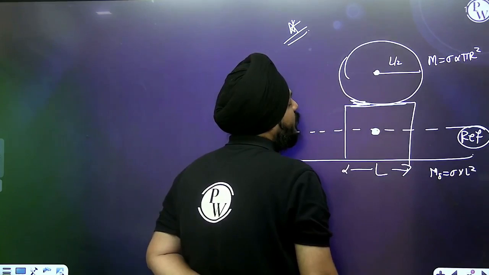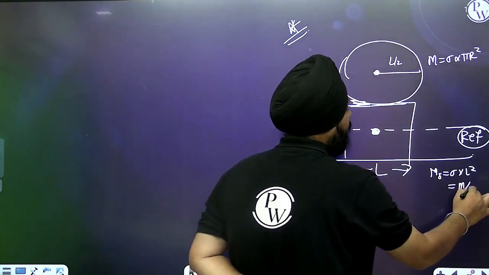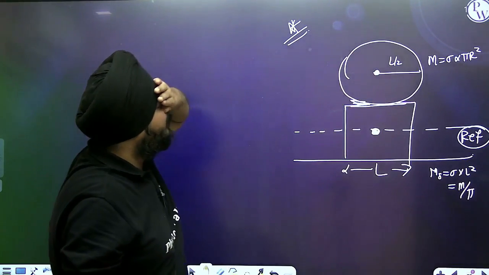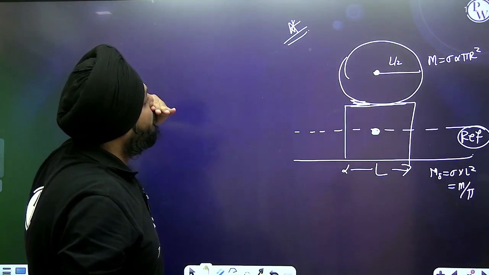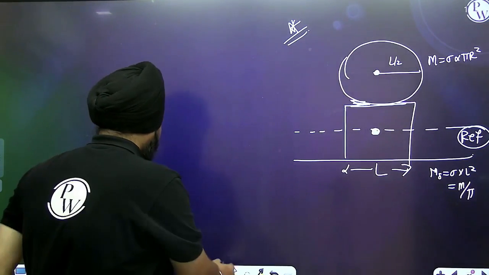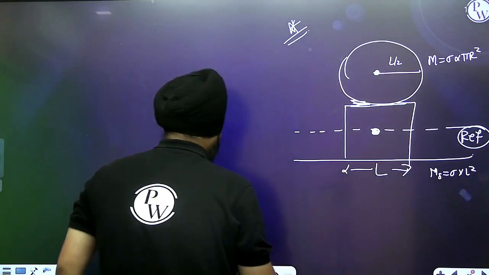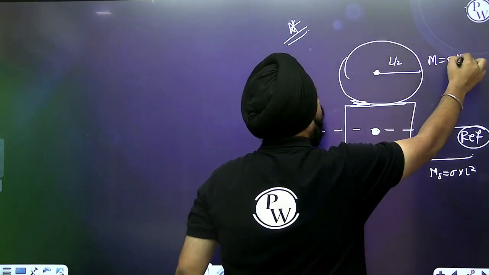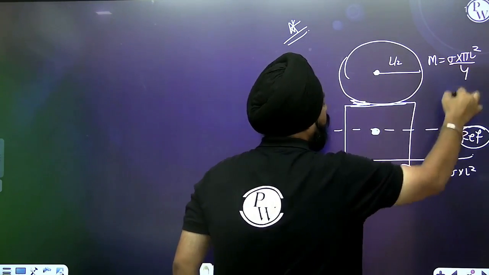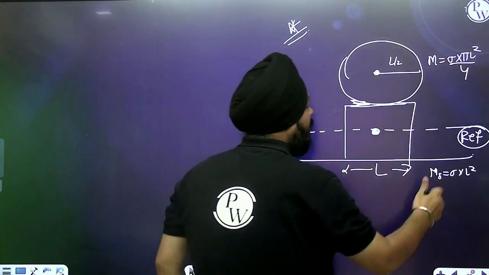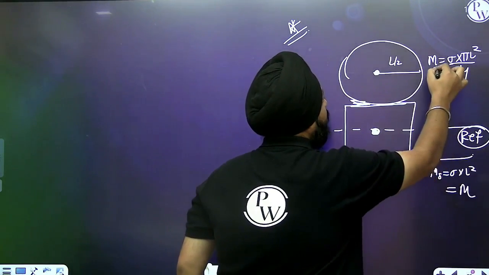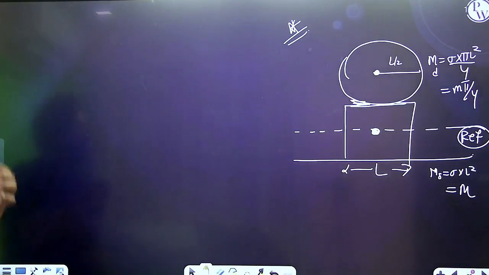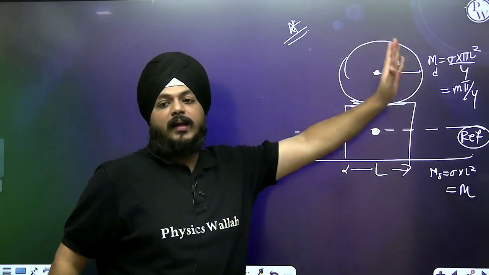If the mass of the square is m, then since the radius is L by 2, the mass of the disk is sigma into pi L square by 4. Sigma L square is m, so the mass of the disk is m pi by 4.